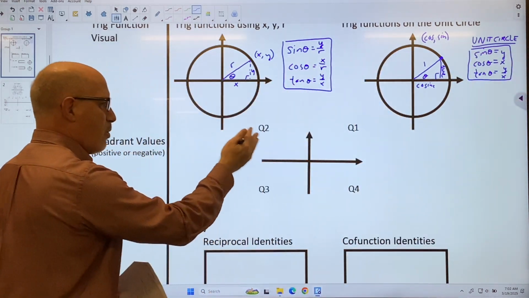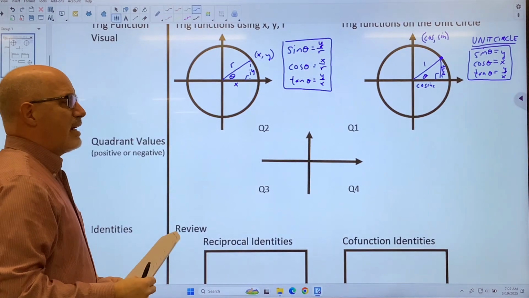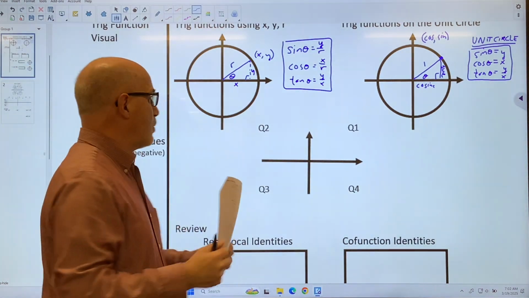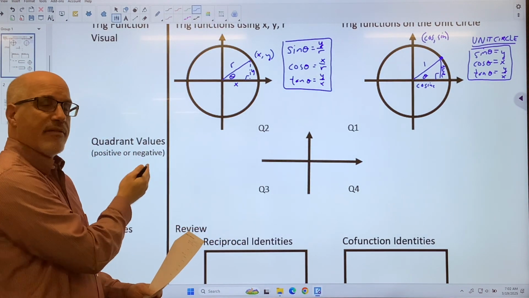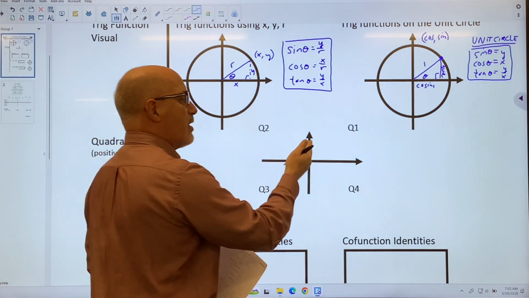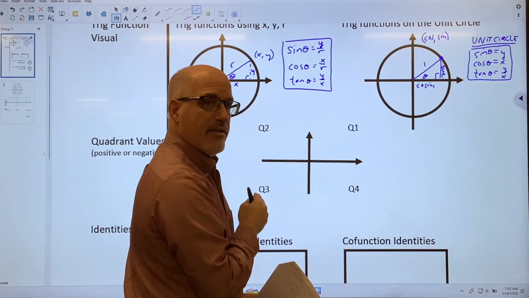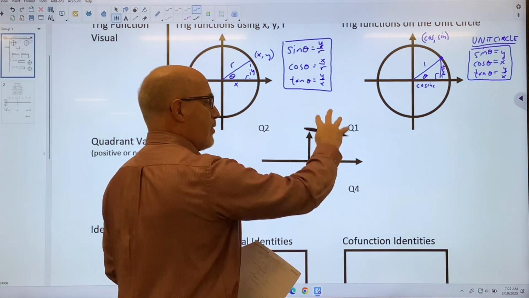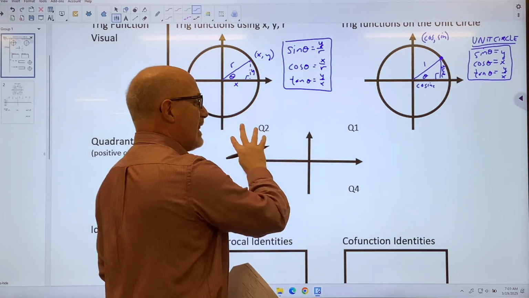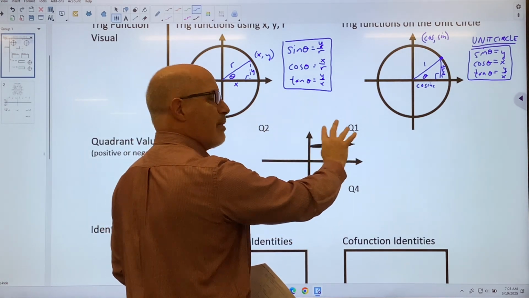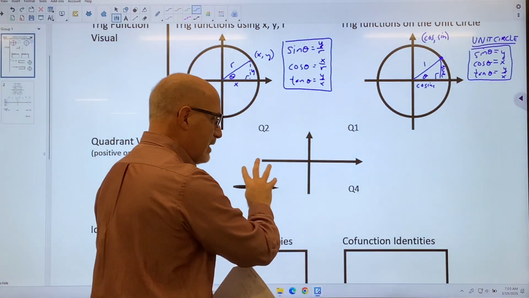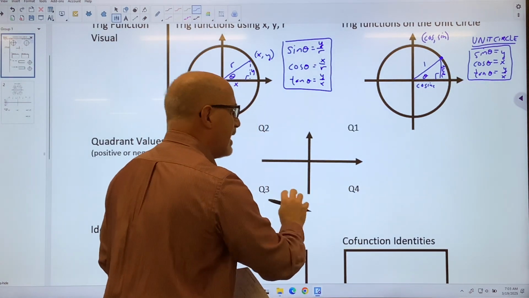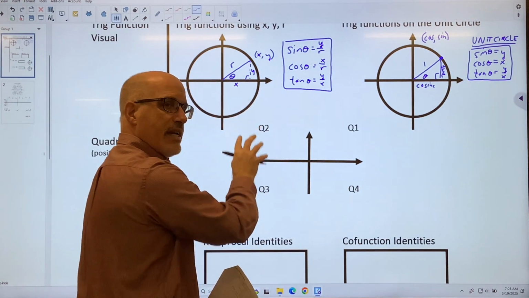All right, let's look at our quadrants now and talk about our values. This is where we're going to look at positive or negative. Because in this quadrant, x and y are positive, so in these two quadrants, x is positive. In these two quadrants, y is positive. And then we'd have negative y's down here, and we'd have negative x's over here.